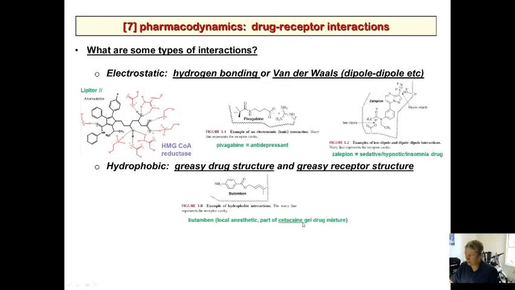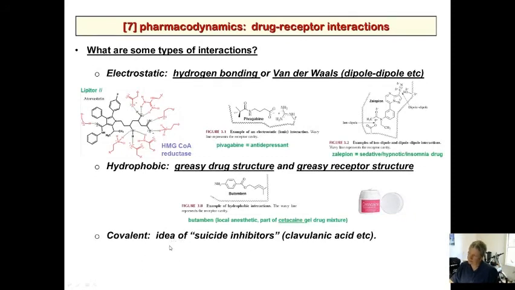I think it is like lidocaine and some other of these local anesthetics. I don't know if it's over the counter or whatever, but this is a drug in that mixture. And this is an example of a hydrophobic interaction between the ester part and what looks like an isoleucine. This is one of the ways that a drug will bind to a receptor, these kinds of interactions. Okay.